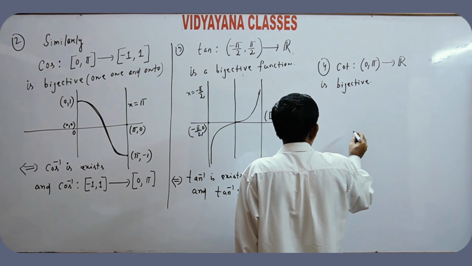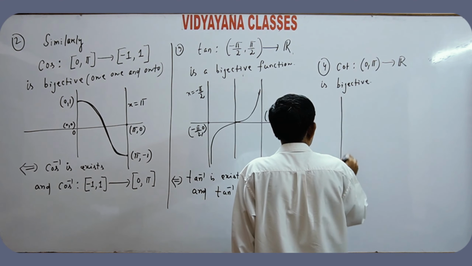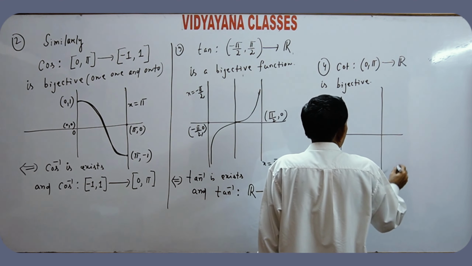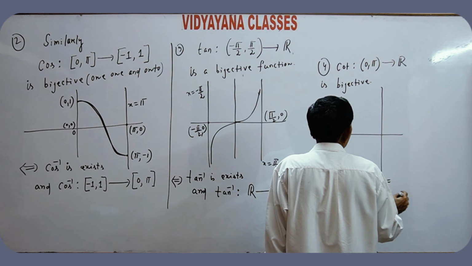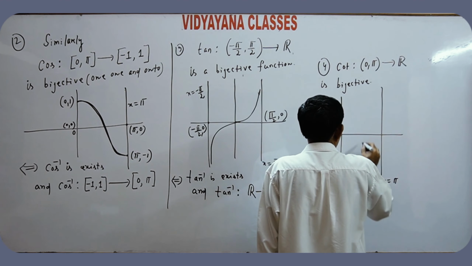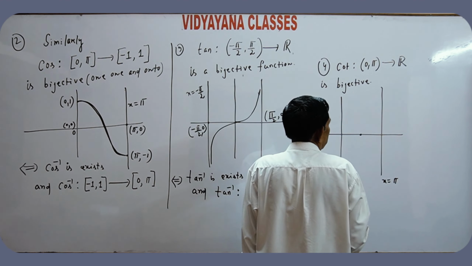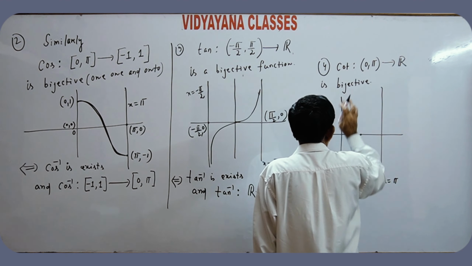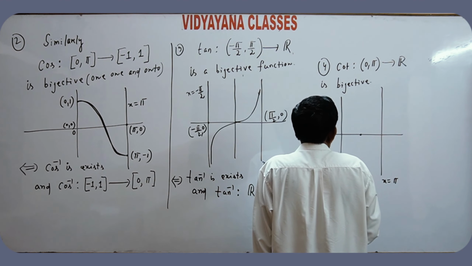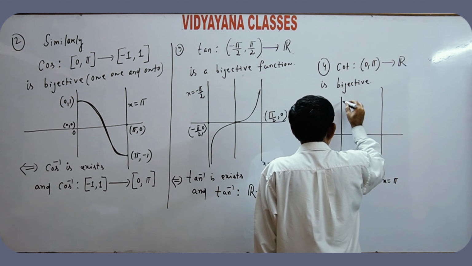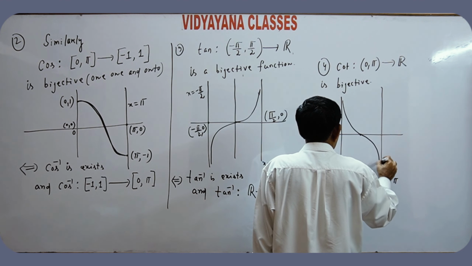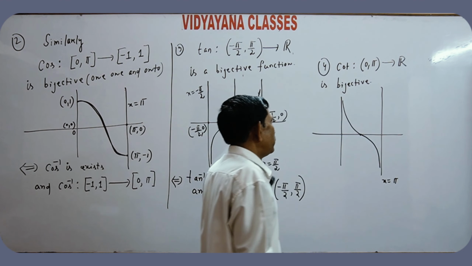The graph of the function is as follows. This line is x equal to pi. This point is (pi by 2, 0). At x equal to 0, the cotangent is infinity. It is the graph of the function.